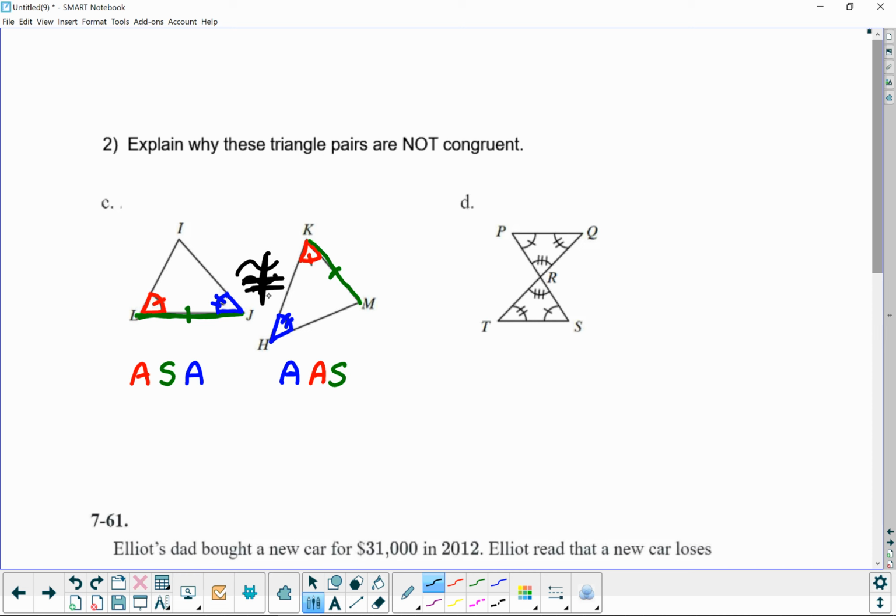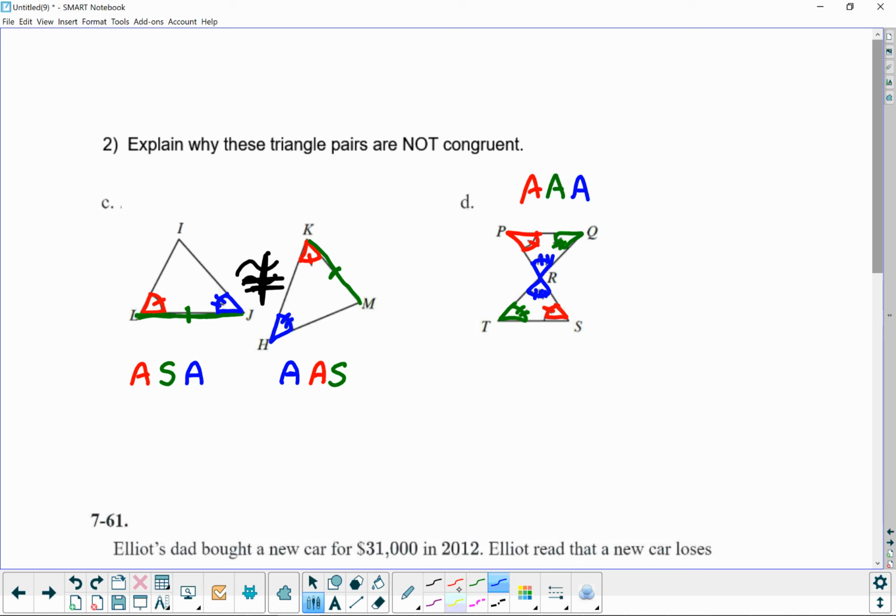Okay, let's look at this one right here. Each of these has a red angle, angle mark 1, a green angle, angle mark 2, and a blue angle, angle mark 3. So they're all matched. This top one I can count in any direction: red angle, green angle, blue angle.